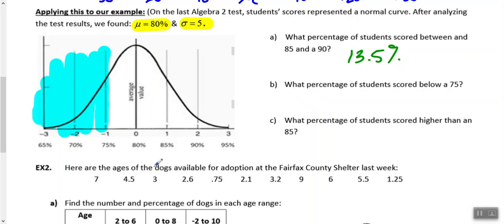We need to take our 13.5, that was between the 1 and 2, add the 2.35, which is between the 2 and 3, and then add that 0.15 that comes after it, which will give us 16%.